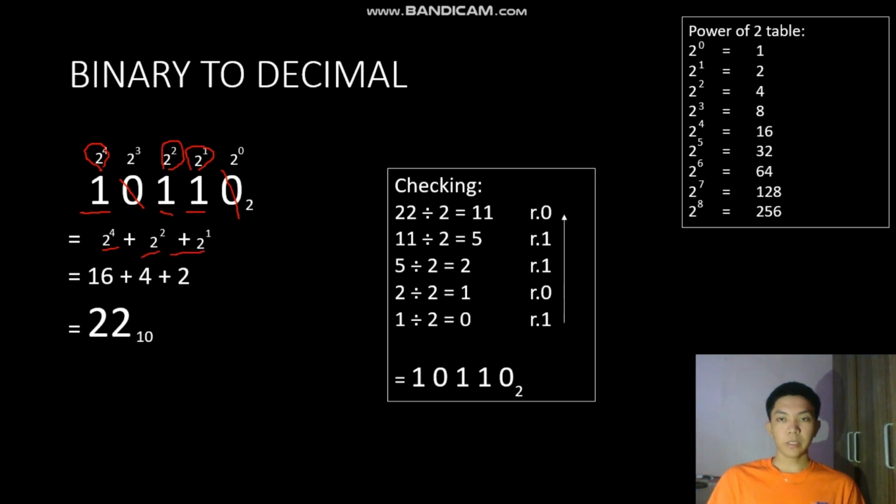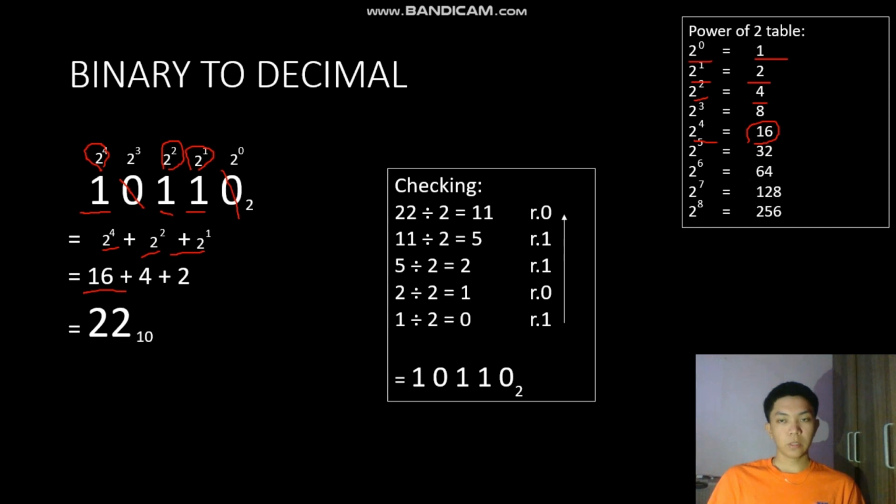So remember, guys, the power of 2 table, which means that 2 to the power of 0 is equal to 1, and 2 to the power of 1 is equal to 2, and 2 to the power of 2 is equal to 4, and so on. Since we have 2 to the power of 4, we have 16.